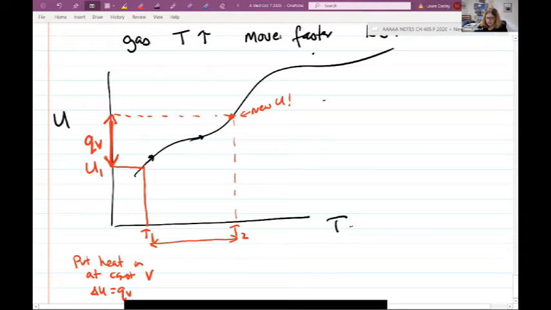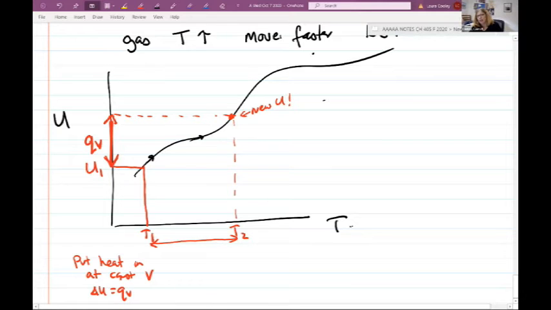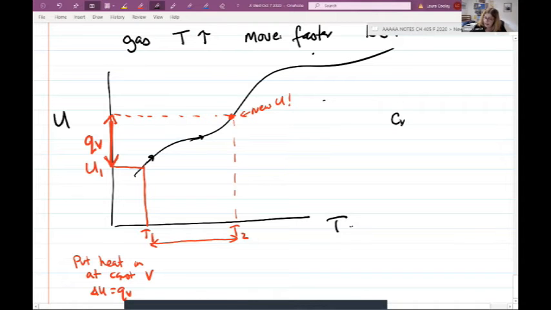Okay? But now, what if I didn't put the heat into that substance, but I put it into something that has a higher heat capacity? Heat capacity tells you how much the temperature is going to change with a certain input of heat. And heat capacity is actually the slope of the U versus T curve. So something with a higher heat capacity is going to have a steeper slope.